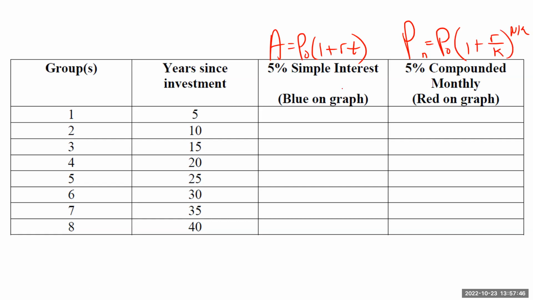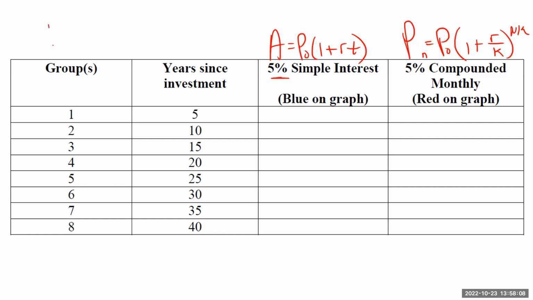All right, so I'm going to model the first one for you, and then you're going to fill in the rest. I'm going to model group number 1. You guys are going to be group 2 through 8. So what we're going to do is find the simple interest when we have a 5% investment.